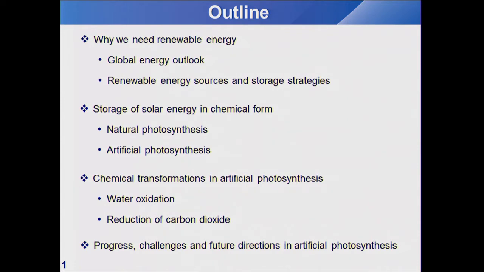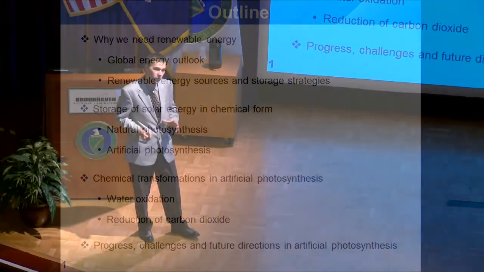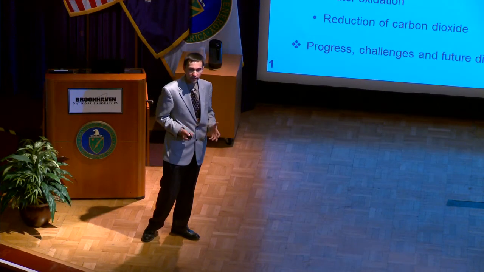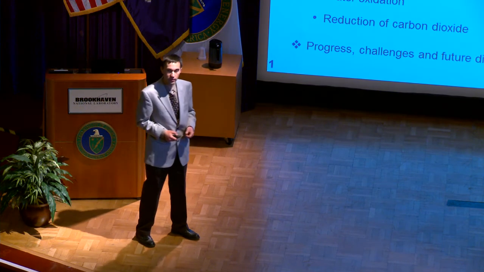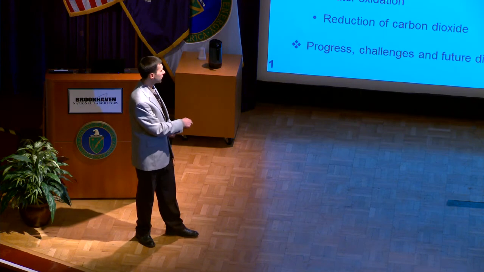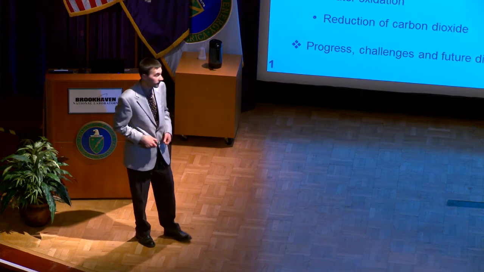And I will start by talking about natural photosynthesis and how we get inspired by the action of natural photosynthesis to build artificial photosynthetic devices. And I will transition to explaining two major chemical transformations which take place in artificial and natural photosynthesis as well, which are water oxidation and reduction of carbon dioxide.